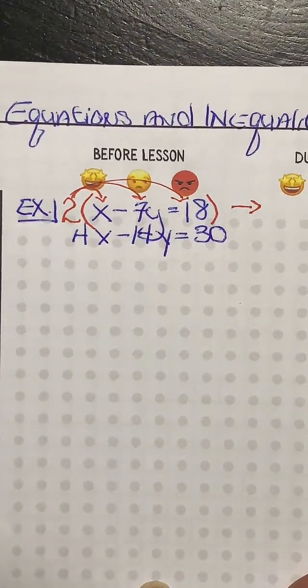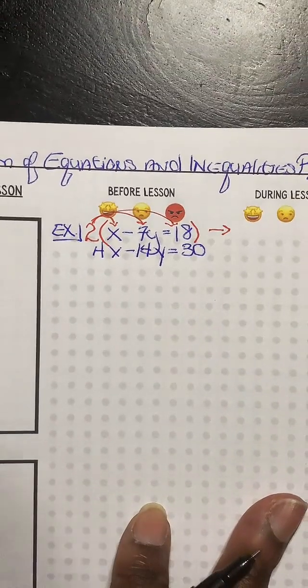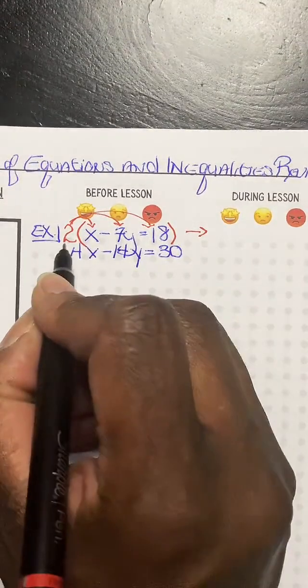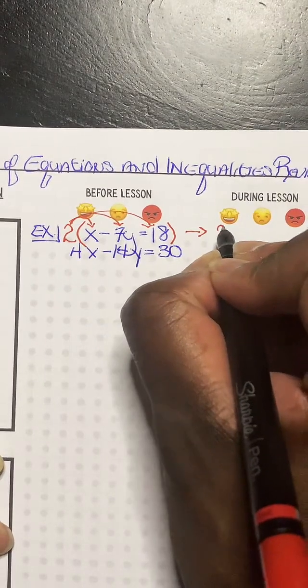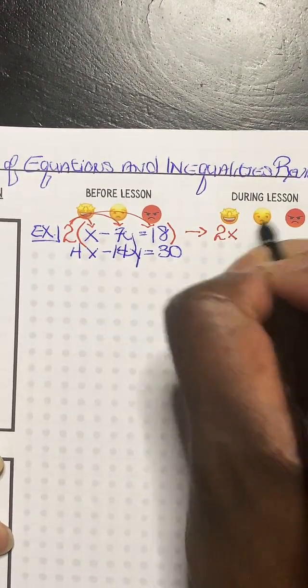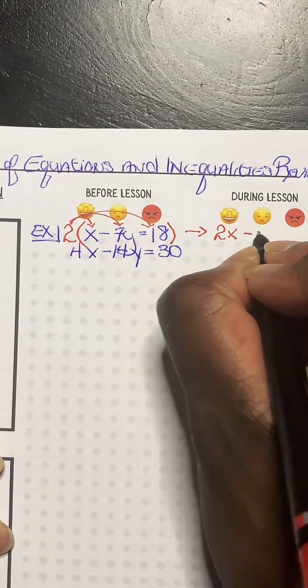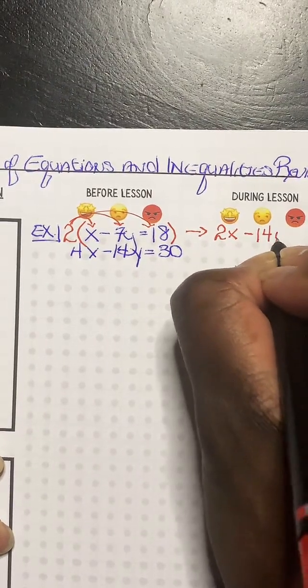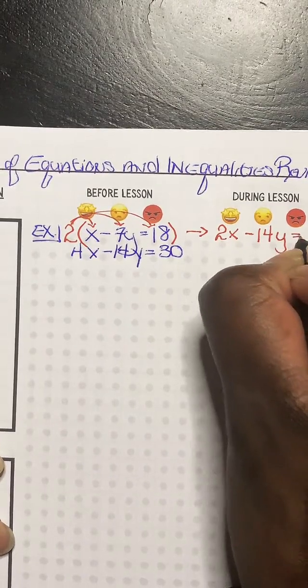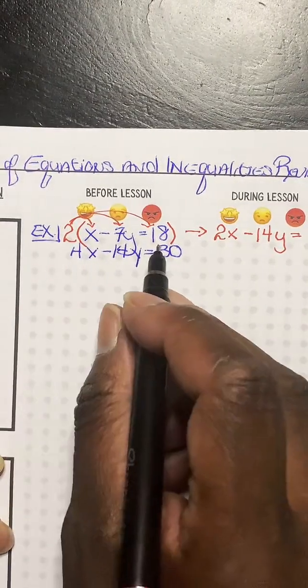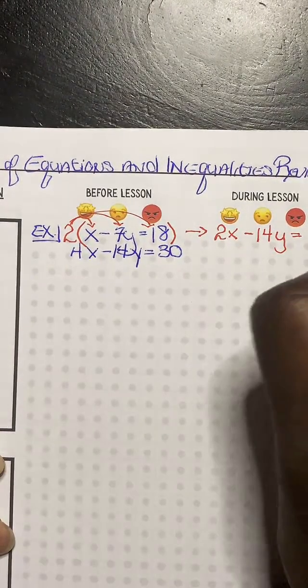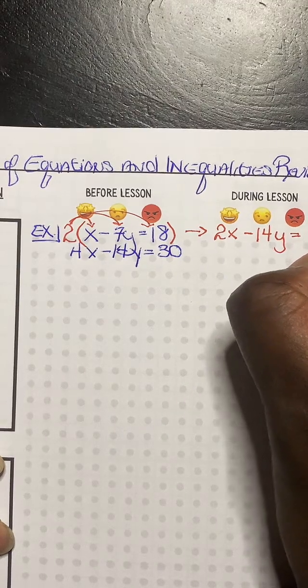So 2 times x gives me 2x. 2 times negative 7y gives me negative 14y equals 2 times 18. That gives me my 36.